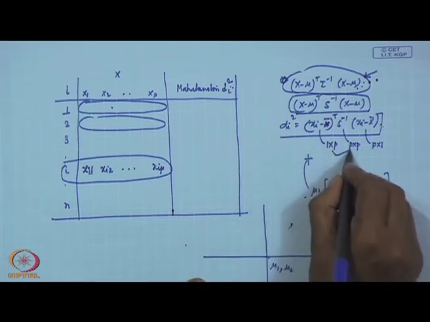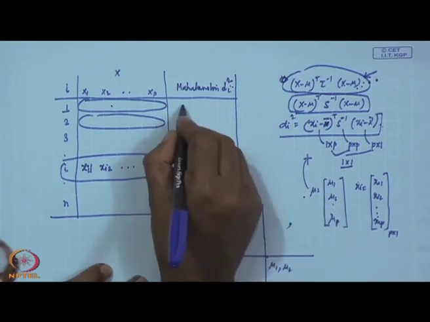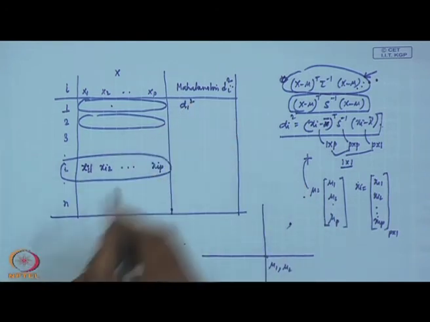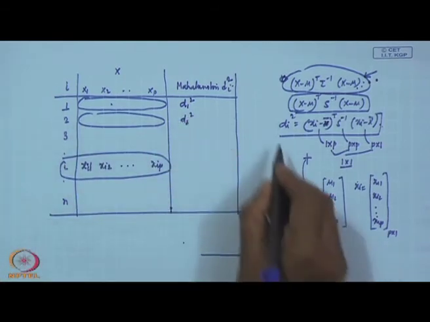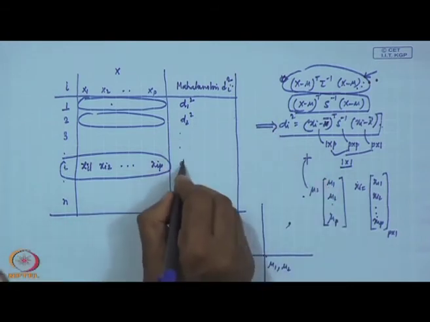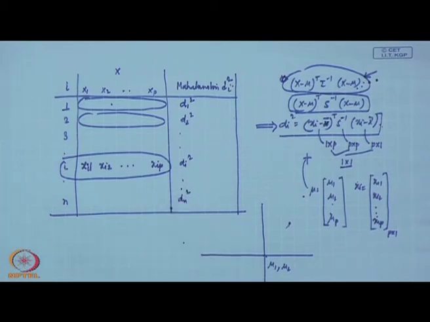So, the resultant will be 1 cross 1. So, you will be getting a value, suppose this is d 1 square. For the second one, you calculate d 2 square, same formula. Like this, you will be getting d i square, then d n square.